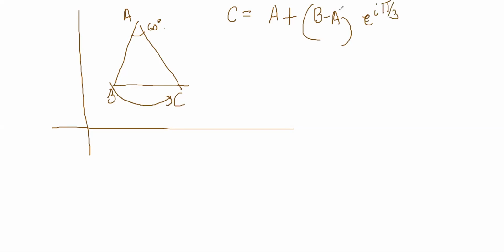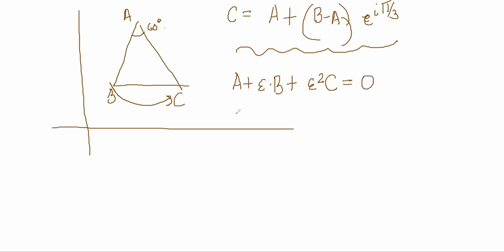This is my C point coordinate. So the result is saying that for positively oriented triangles, you should have A plus epsilon into B plus epsilon square into C equal to 0. I think now it should make sense.